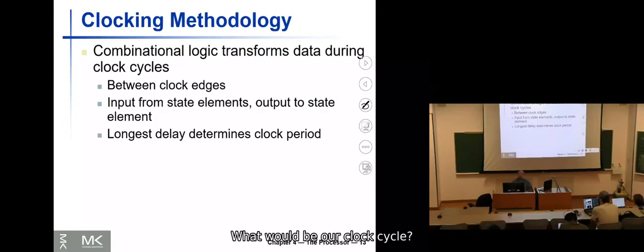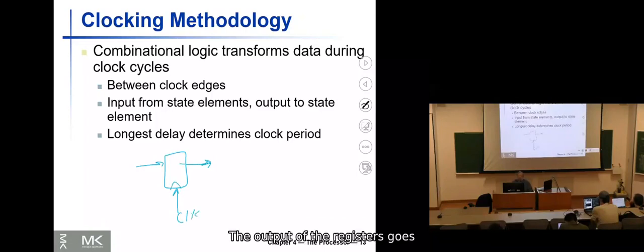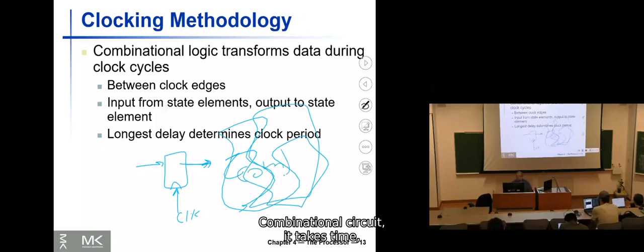So what would be our clock cycle? Again, this is our register, and this is the clock. The output of the registers goes to so many places in a combinational circuit. It takes time, but it has several paths.